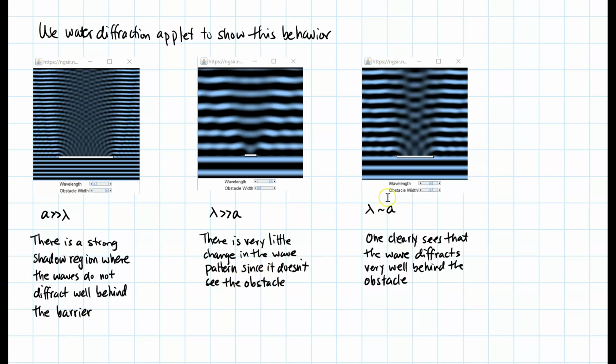If the wavelength and the obstacle size are comparable, one clearly sees that the wave diffracts very well behind the obstacle. So when I look at these three cases, if I have a wave detector behind the obstacle, which one's going to detect something the most? It's the one where the wavelength and the obstacle size are comparable to each other. These two will not detect very much difference, so it won't see it.